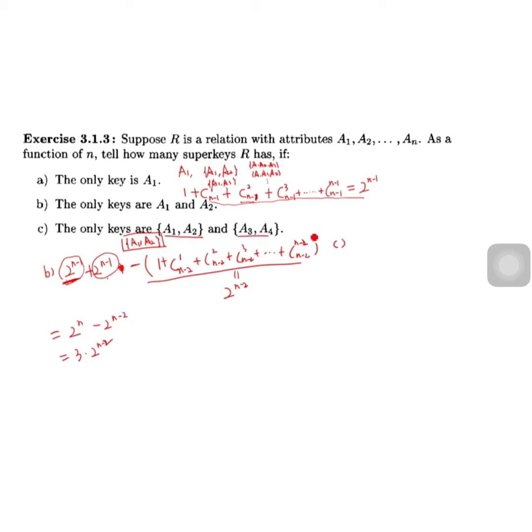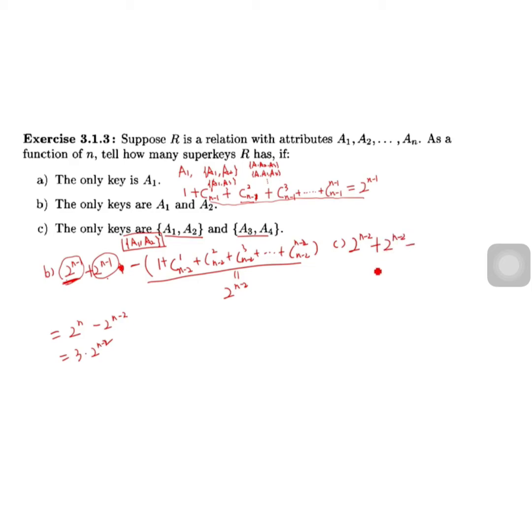Okay, then we can find the attributes, compute the number of the super keys including A1 and A2, and the number of the super keys including A3, A4.